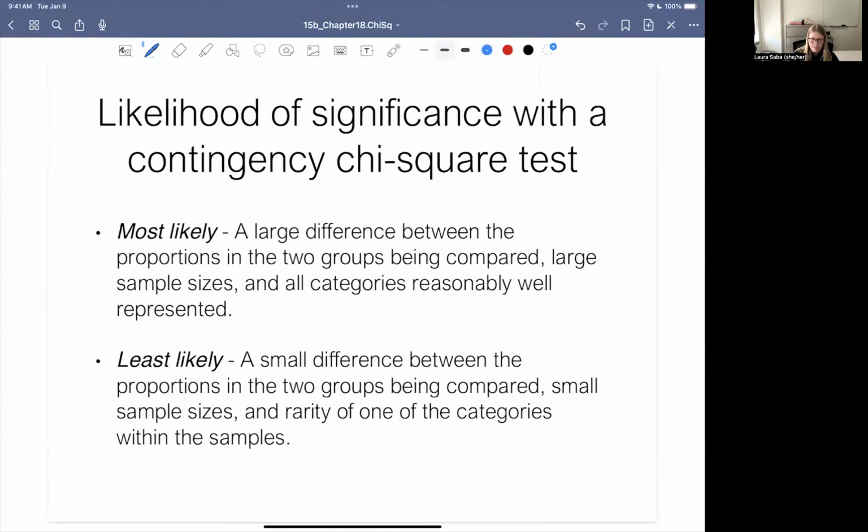So in general, low counts are not a problem, only low expected counts. So remember when we created that table of expected observations versus observed, it's those expected observations that matter. So our alternative when we have those small sample sizes or low expected frequencies is the Fisher's exact test.